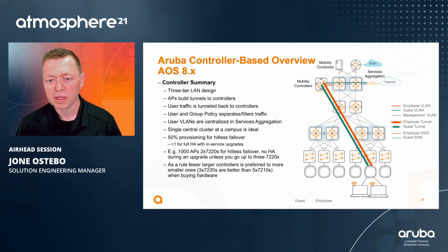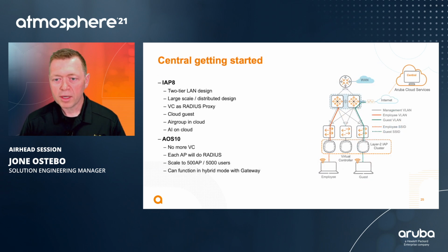The encryption tunnel is happening between the client, the laptop, and directly to the mobility controller without having any changes in it. So there's no rekeying needed. That makes the roaming way smoother and way better for the end user than it would be on a controller-less architecture.